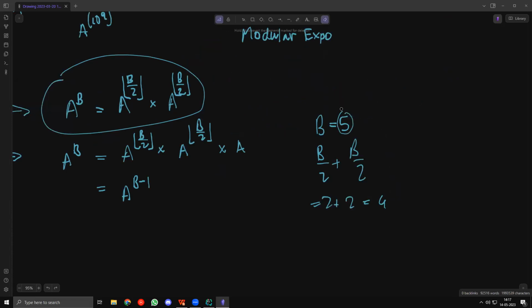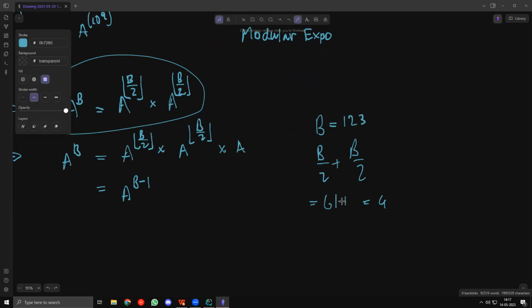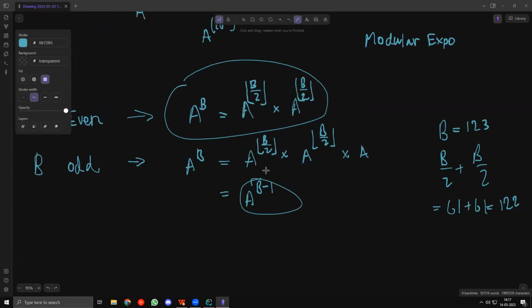You can test this with any value. If I take 123, that's going to be 61 plus 61, which is equal to 122. So we again have 1 less than the actual value. So this will be a to the power of b minus 1, and that is why we are also multiplying by a. So we take a to the power of b minus 1 times a, which will be equal to a to the power of b again.